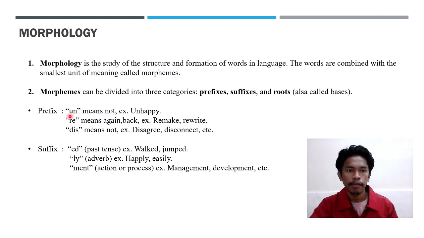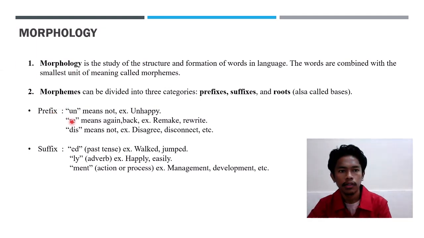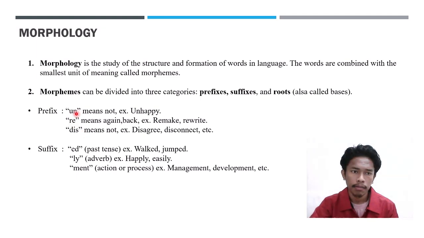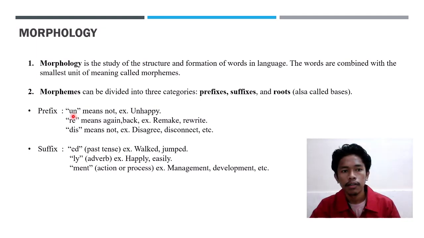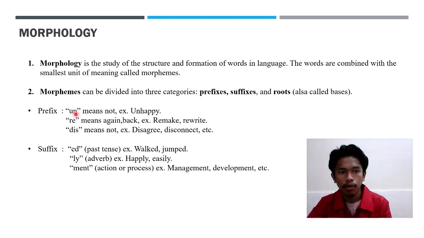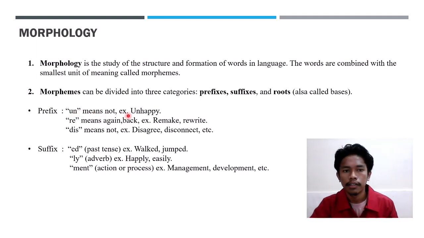Okay, next, prefix. There are some common prefixes frequently used in English, maybe 20. So un means not. Example: unhappy.